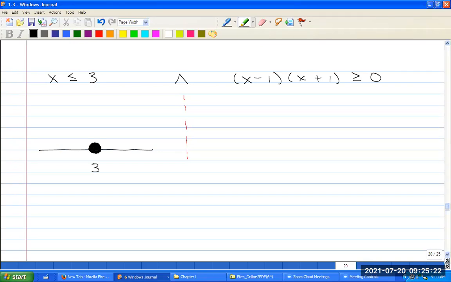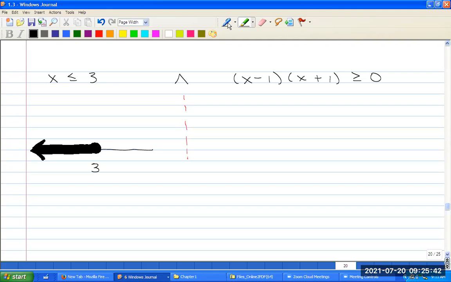And then it's less than or equal to, so I'll go in this direction. And so I have that x is less than or equal to 3.